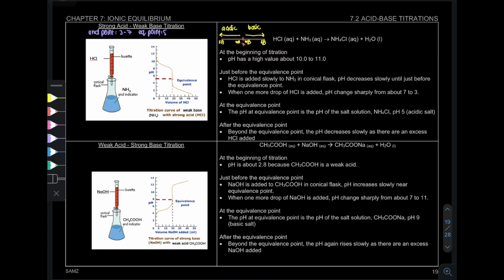But then dia adalah weak base. So weak base dia akan partially dissociate. So what will happen adalah NH3 aqueous plus dengan H2O liquid. Okay, so base ni dia akan accept H+ from our H2O.